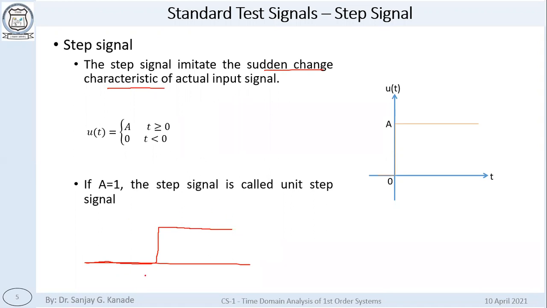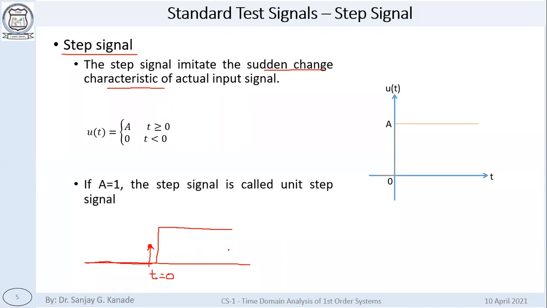So this is nothing but a sudden change. See, the change happened instantaneously at this particular instance. At t equal to 0, let's say, the change happened instantaneously and it remained constant afterwards. So this is a sudden change characteristic, and this is called a step signal.